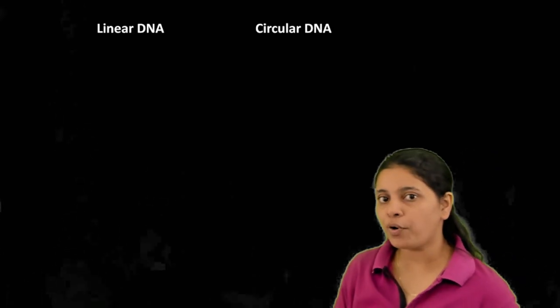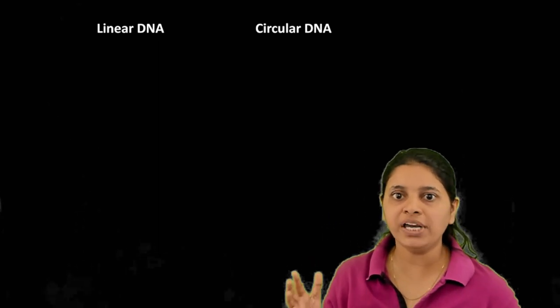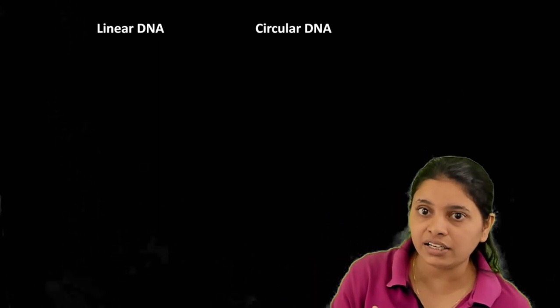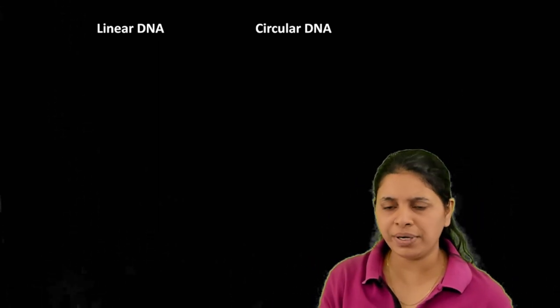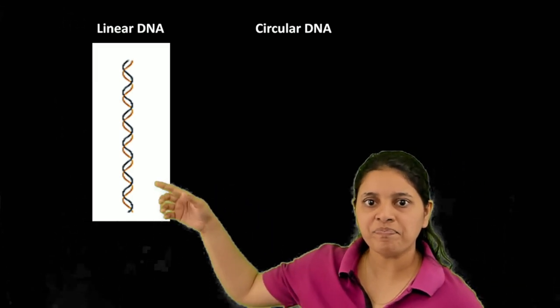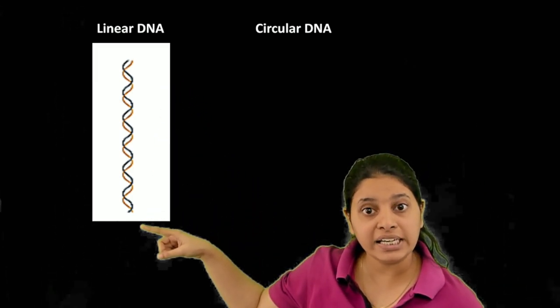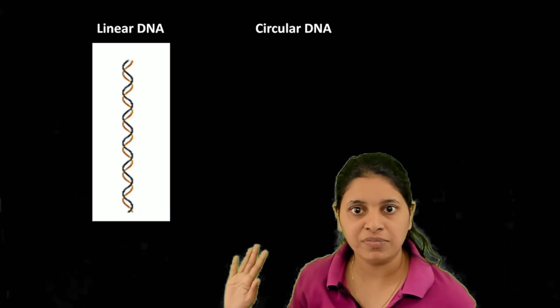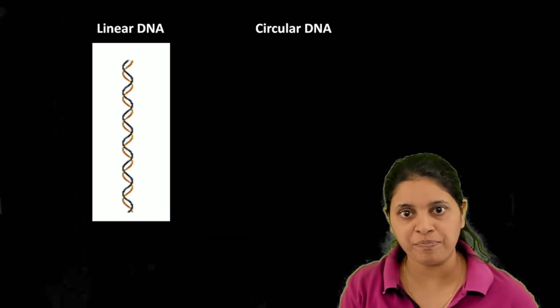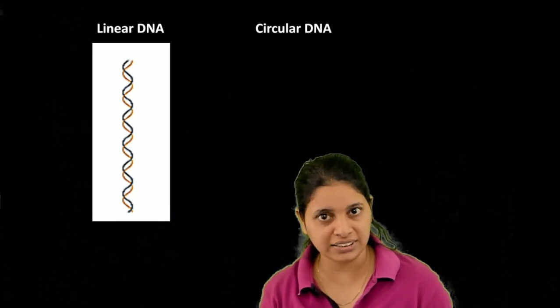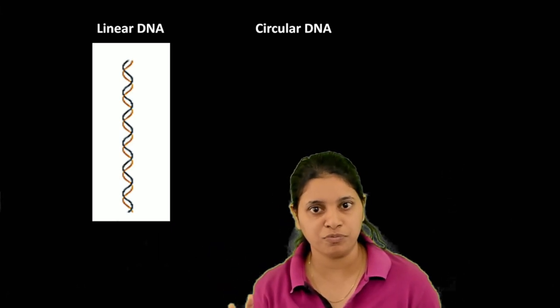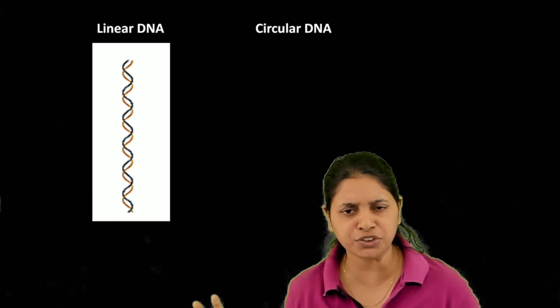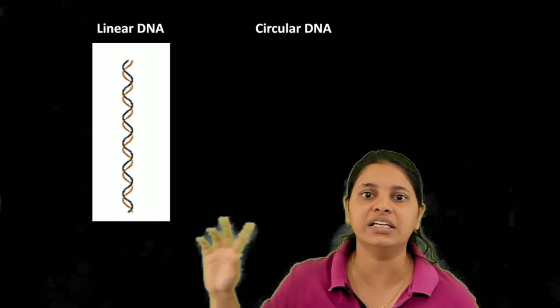Also, one more important point which you can note is we may have DNA which is linear or circular. Simply put, look at this diagram. Here we have this double-stranded DNA, right? And both the ends are free. So this is linear DNA. In eukaryotic cells, in the nucleus, whatever chromosomes we have, whatever DNA is present, that DNA is linear.